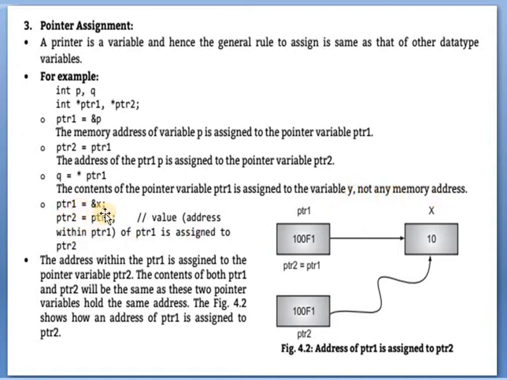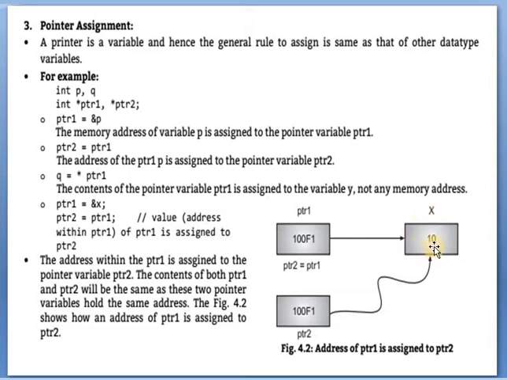So ptr1 = &x, ptr2 = ptr1. Now ptr1 is assigned to ptr2. The address within ptr1 is assigned to the pointer variable ptr2. The contents of both ptr1 and ptr2 will be the same, as these pointer variables hold the same address. So see here, ptr1 and ptr2: here we are storing the address of variable p or y.